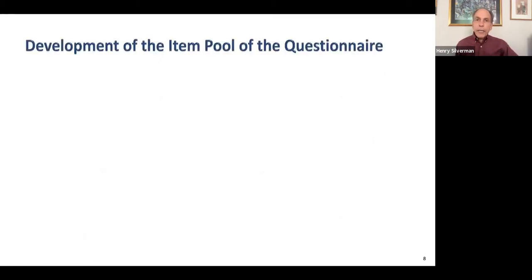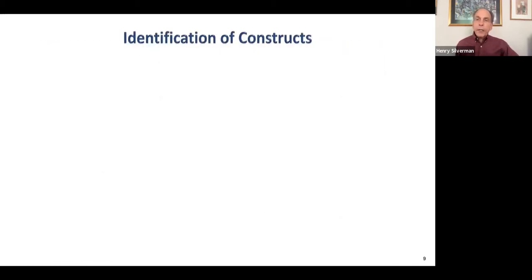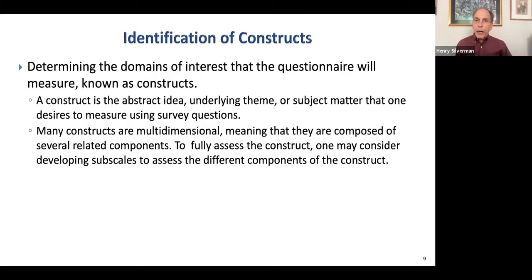So developing the item pool of the questionnaire, well, as I said before, when you first start out, you want to identify what constructs you measure. We say determining the domains of interest that the question is intended to measure is known as constructs.